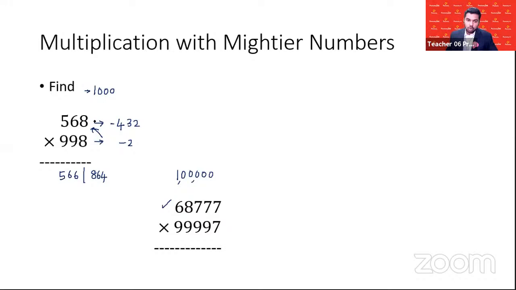So to do multiplication close to the base, you have to find how much each number is deficient from 1000. So what you have to find is 1000 minus 568. So in order to do that, there is a simple technique. What is that technique?